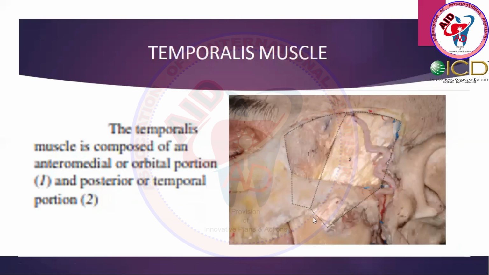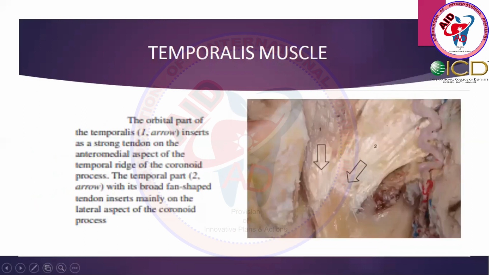You see, it is a very good division. This posterior aspect is like here, which has the big vessel called the superficial temporal artery, and the one is attached to the anterior aspect of the coronoid process right here. Now, if you see the movement, these are the two movements coming right here. The posterior aspect can insert a strong tendon on the anteromedial aspect of the temporal ridge of the coronoid process, right here on the posterior aspect and the anterior level.